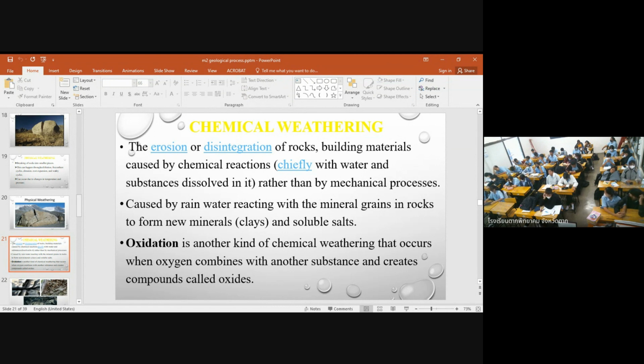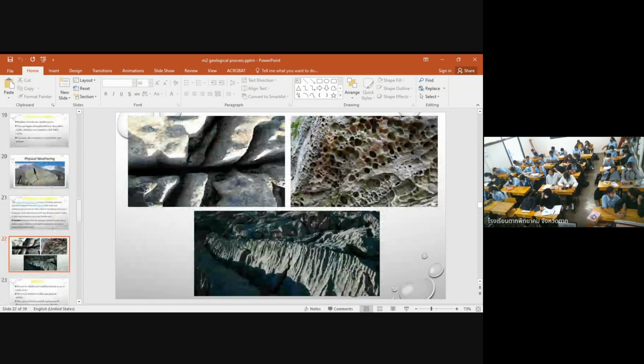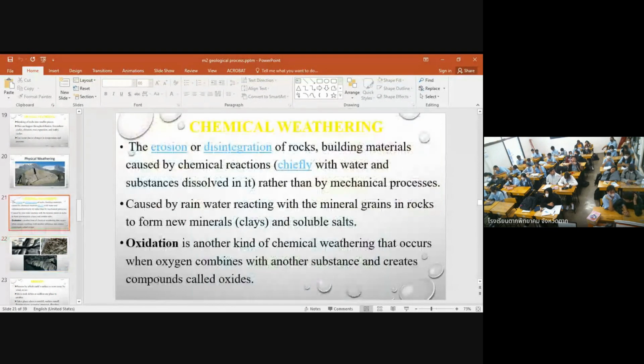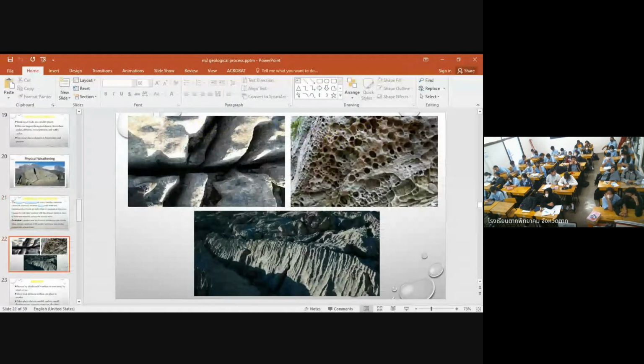Some of the stones or rocks show this rain reaction caused by raindrops. This one is maybe a smooth stone. These are the three types of chemical weathering. Look at the three types of chemical weathering stone we have here.